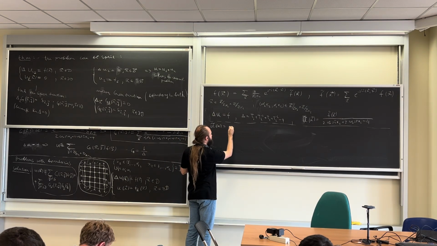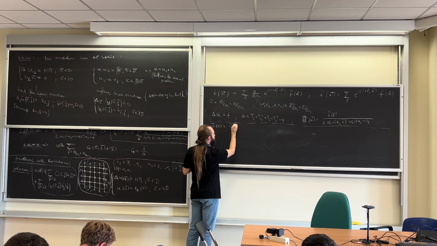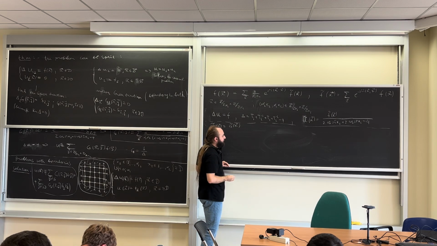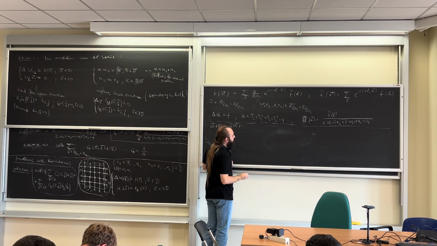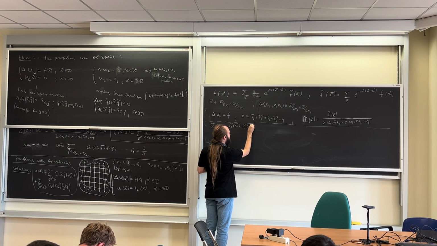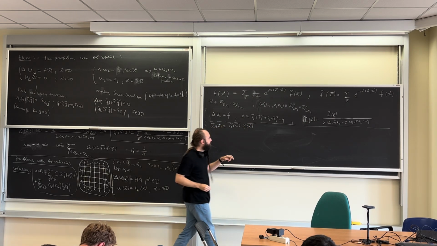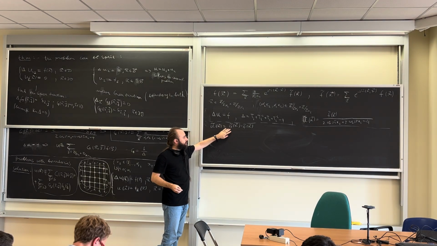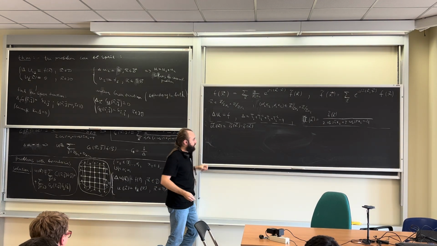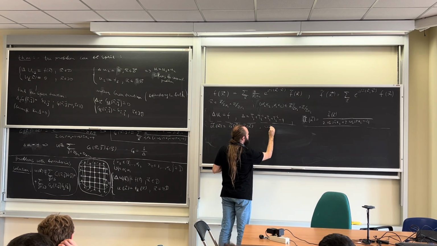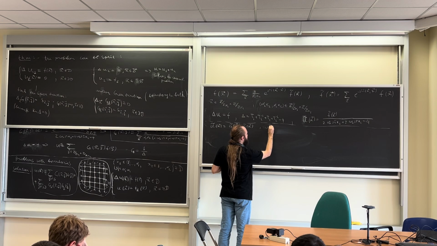U of k equals g tilde of k times f tilde of k, right? So in the Fourier space, it is just a product. And the question is, what happens in the coordinate space?